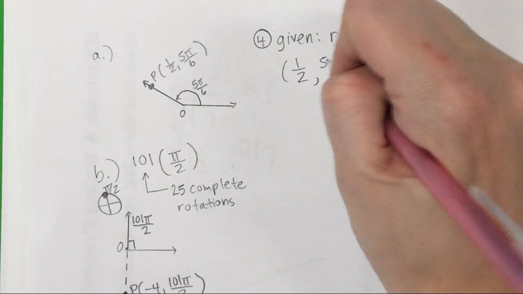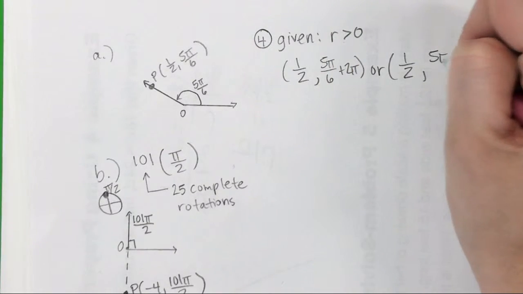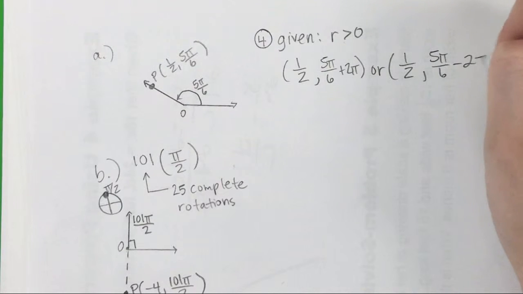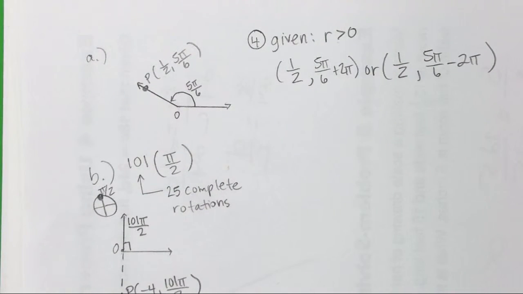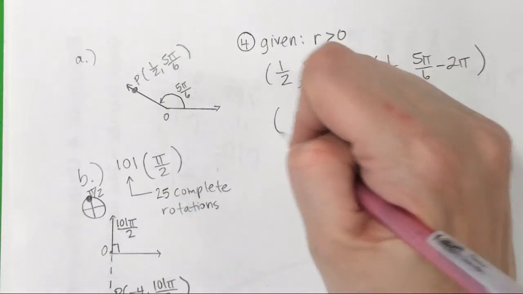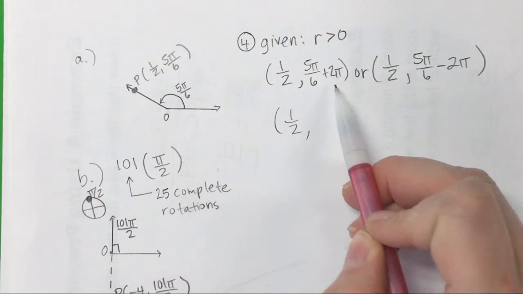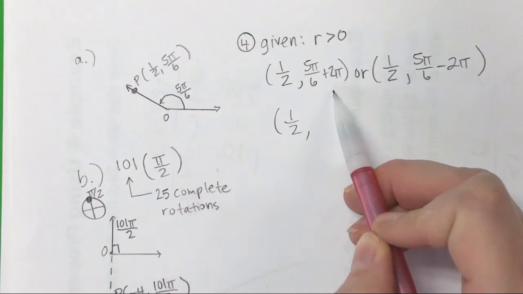With 5 pi over 6, I could add 2 pi to that, or I could do 5 pi over 6 and subtract 2 pi. To make this really easy so that we can do it in our head, think of 2 pi: if it was over 6, it would be what? 12 pi over 6.